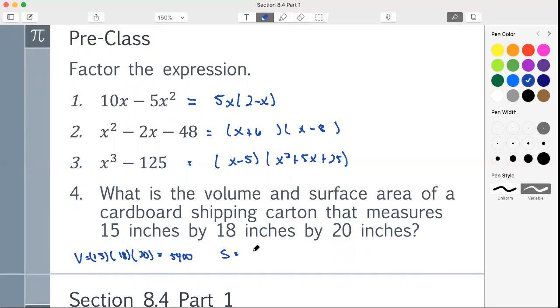So you're going to have 2 that are going to be 15 by 18. You're going to have 2 that are going to be 15 by 20. And you're going to have 2 sides that are going to be 18 by 20. And then when you add all those up, you should get a surface area of 1860 inches squared, and for the volume, it'd be inches cubed.